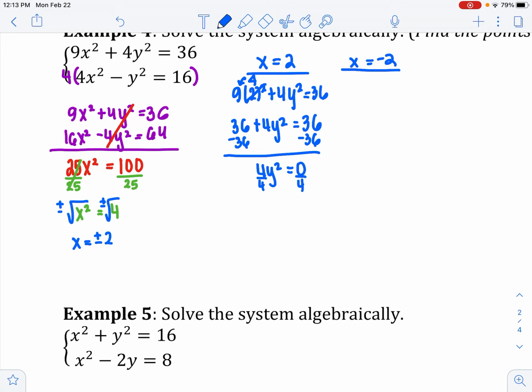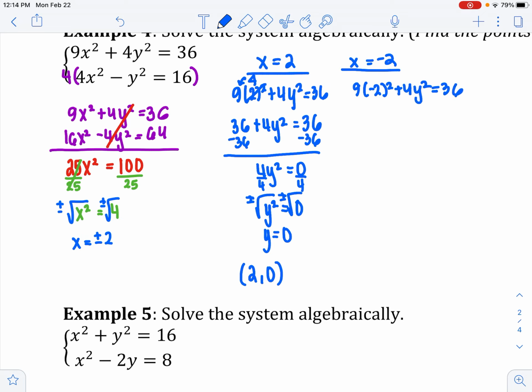I could solve for y by square rooting, but I have to get it by itself first. So now I have 4y squared equals 0. Divide by 4, y squared equals 0, square root, plus or minus, and I get y equals 0. So that gives me the point (2, 0).